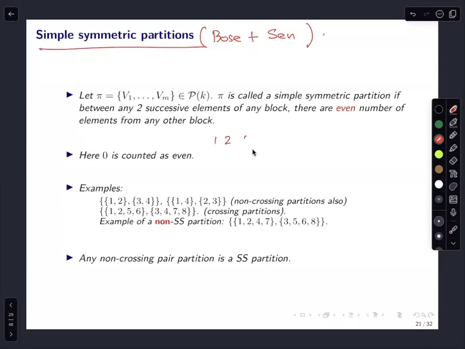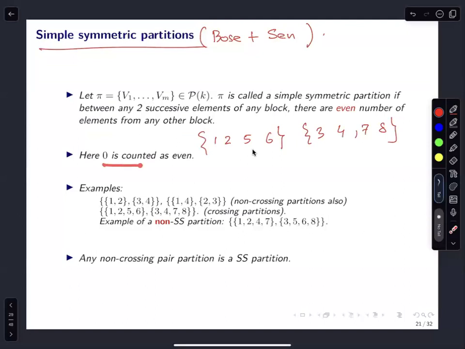So 1, 2, 5, 6. So this is a nice example. So 3, 4, 7, 8. Now, one thing to note is I count 0 as an even number. So between 1 and 2, there are 0 elements from the other block. So it is a valid thing.